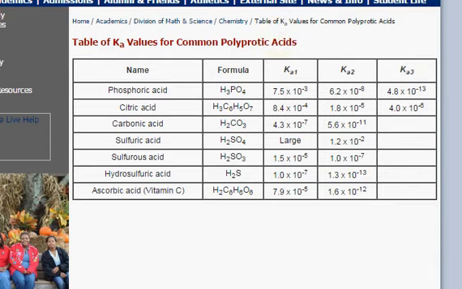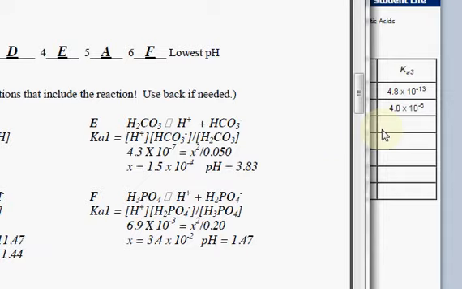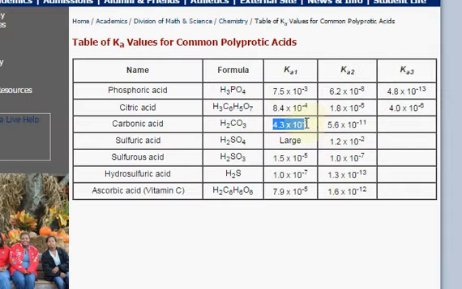So you look up the table and you find this acid, and it has a Ka1 and a Ka2. That means the Ka1 is for losing the first hydrogen. The Ka2 is for losing the second hydrogen.